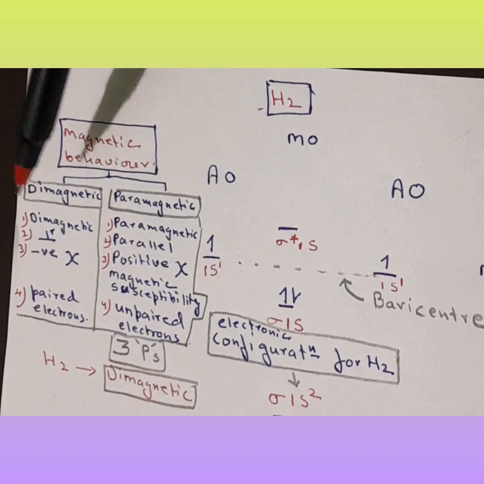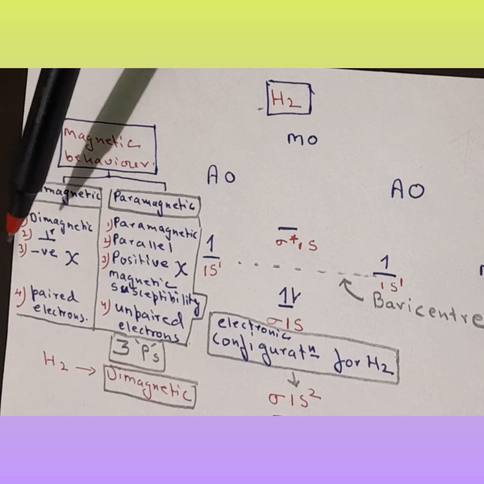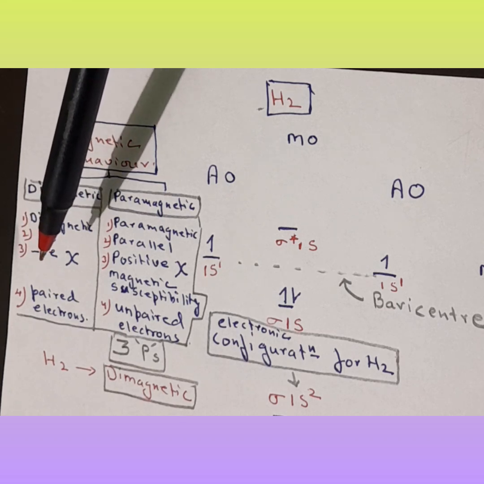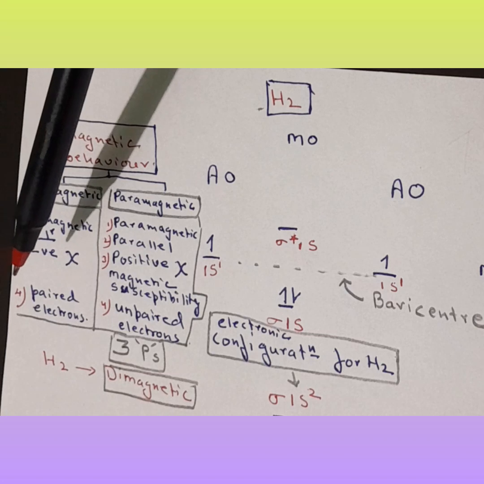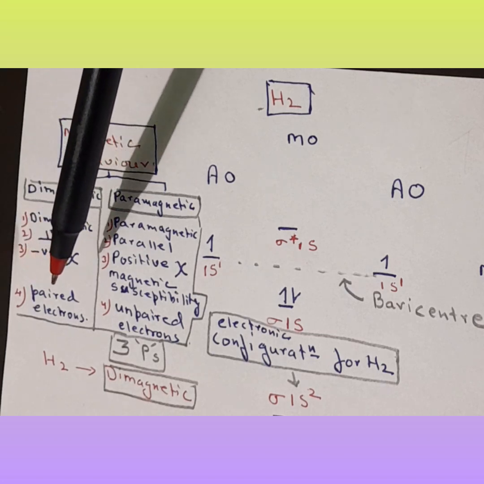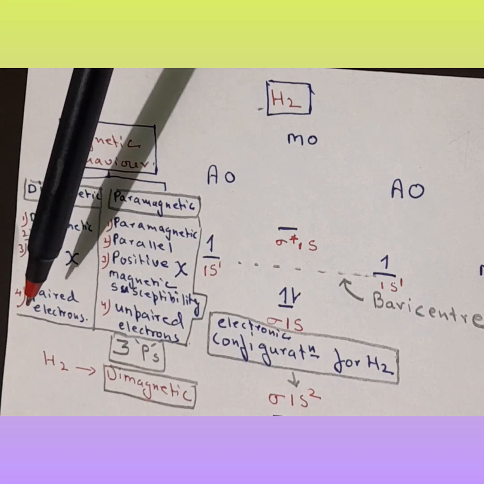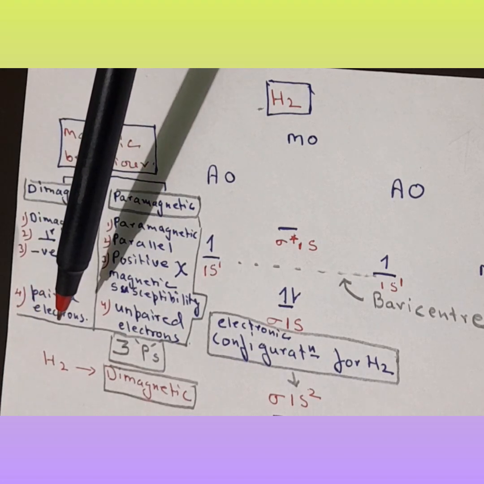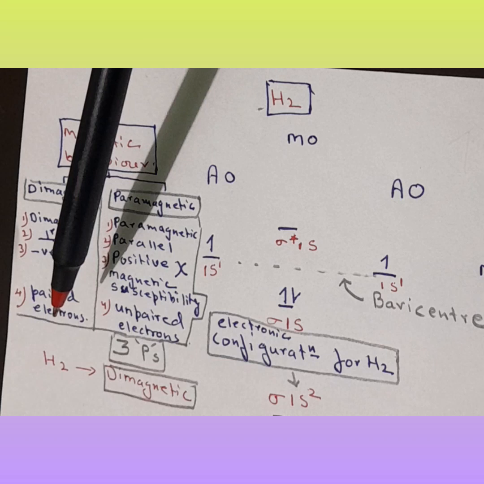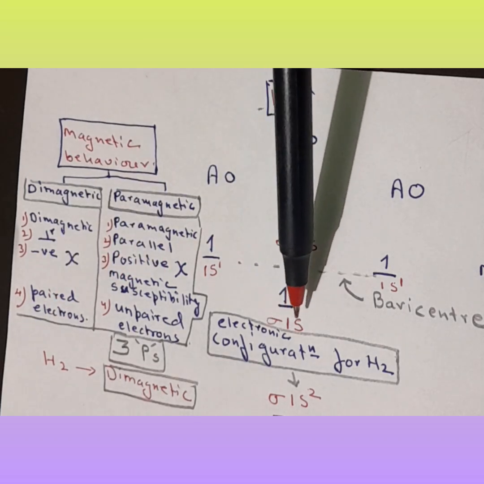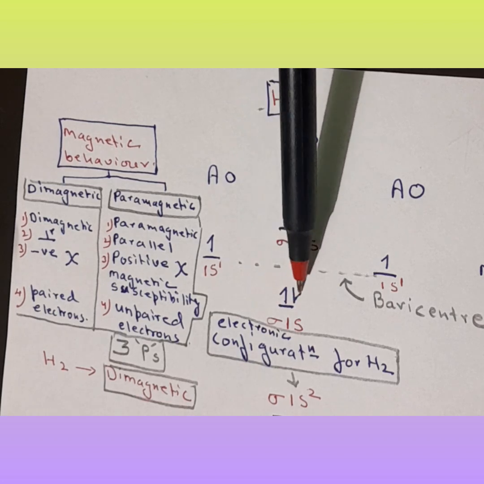All right, so what is diamagnetic? Here the first one is obviously diamagnetic. The material aligns itself perpendicular to the magnetic field, and it has small negative magnetic susceptibility. And the configuration has paired electrons. Now when we come to hydrogen, we find that hydrogen has paired electrons over here.